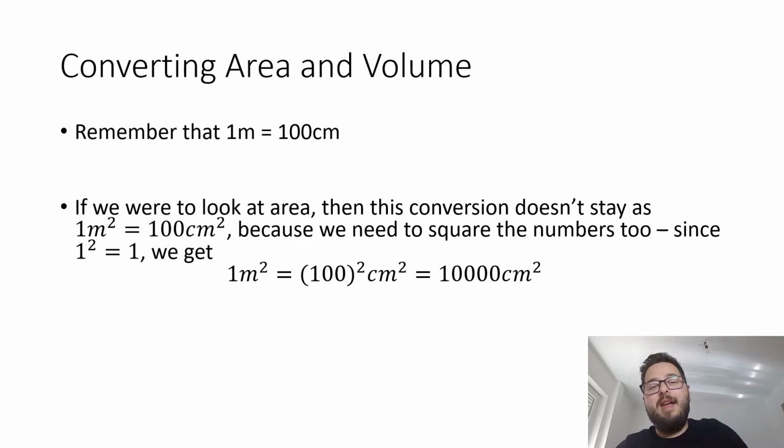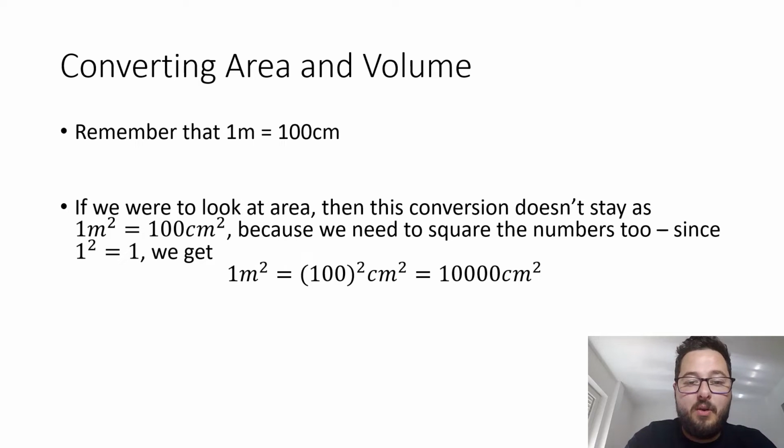So if we were thinking about area, because 1 metre is 100 centimetres, that doesn't mean that 1 metre squared is 100 centimetres squared, because we need to square the numbers as well. Since 1 squared is 1, that 1 metre stays as 1 metre squared in our conversion, but we need to square this 100 as well, and 100 times 100 is 10,000.